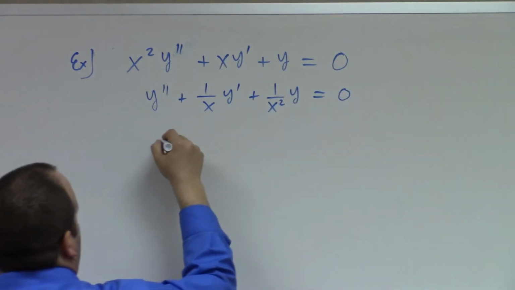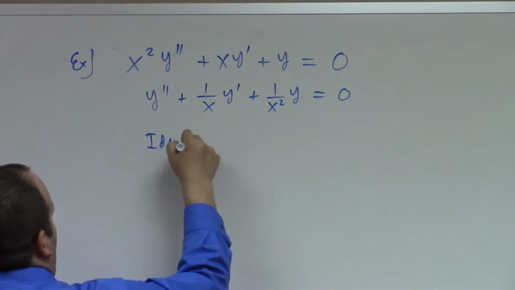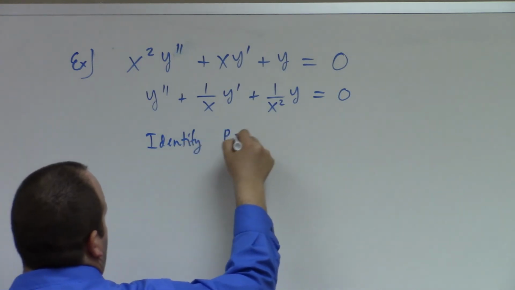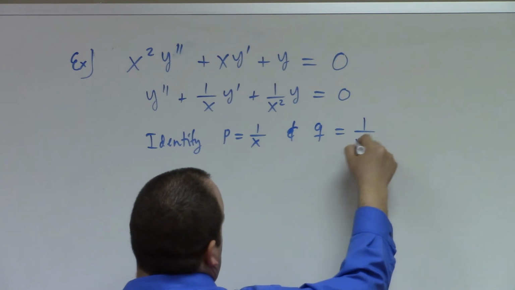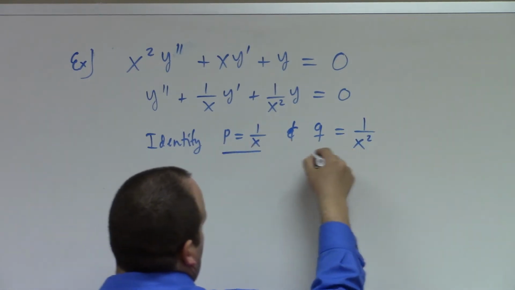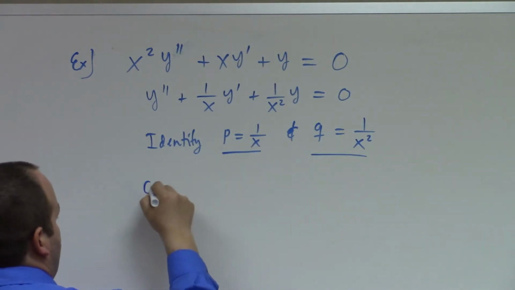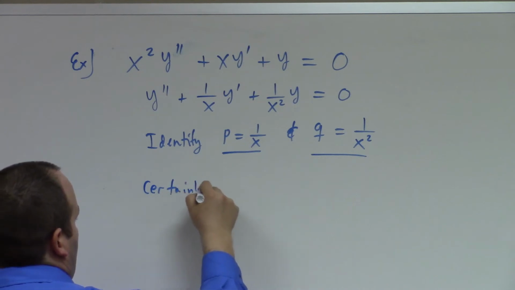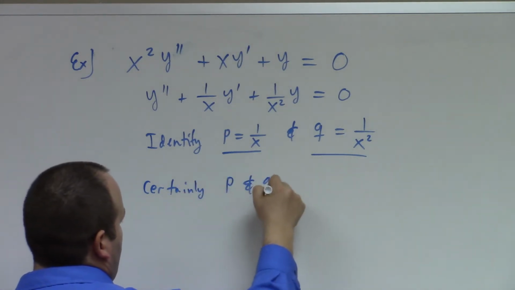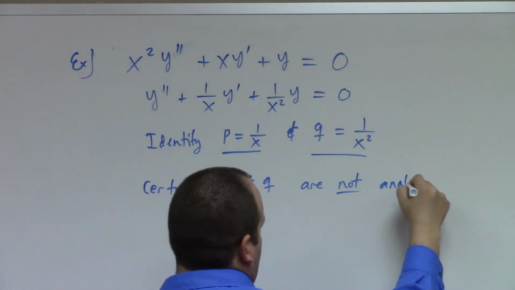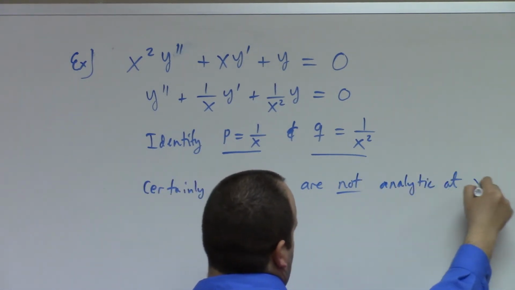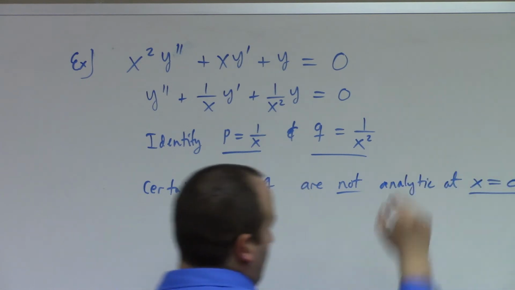So identify that p is equal to 1 over x and q is equal to 1 over x squared. Certainly, p and q are not analytic at x equals 0, right?